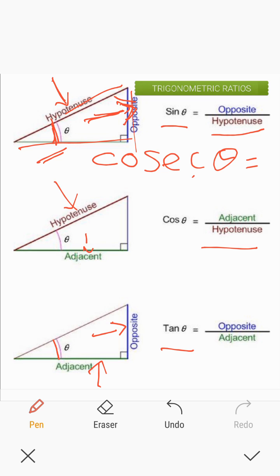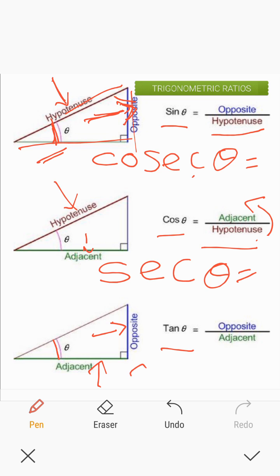Next is the reciprocal of cos theta, which is sec theta. So sec theta is 1 by cos theta. In the form of a ratio, it is the hypotenuse divided by the adjacent side of theta. And the reciprocal of tan theta is cot theta. That means cot theta is 1 by tan theta.